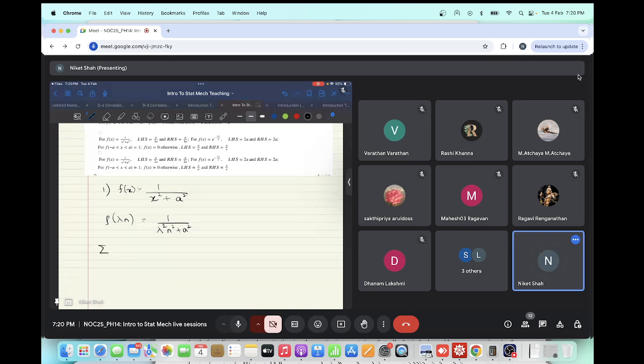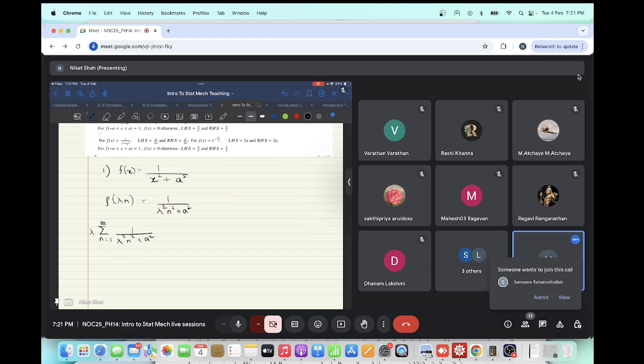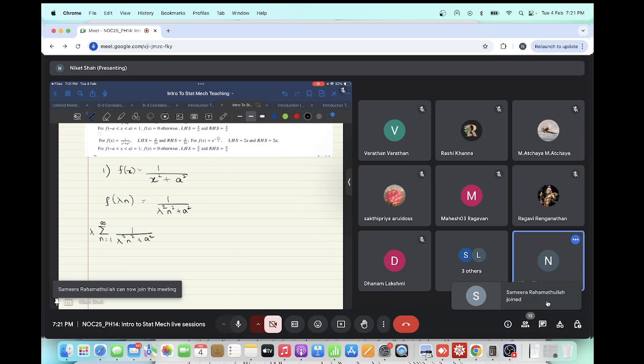Sum over n equals 1 to infinity, lambda times 1 divided by lambda square n square plus a square. This is the summation that we want to evaluate. Okay. Now, basically what's happening here is the limit lambda tends to 0. Of course, in limit lambda tending to 0, this is what we want to evaluate.